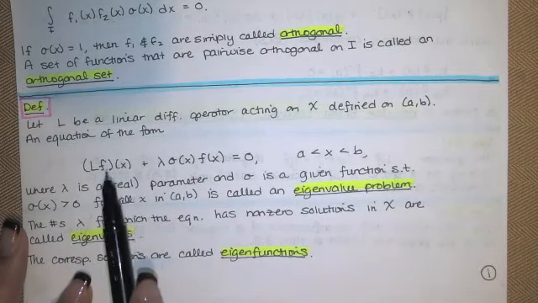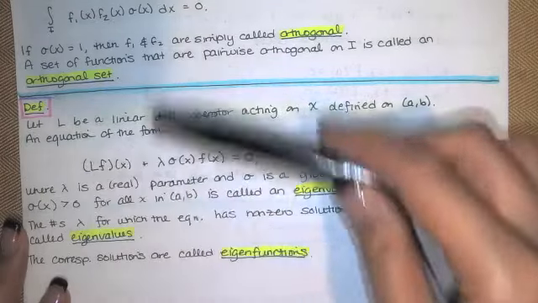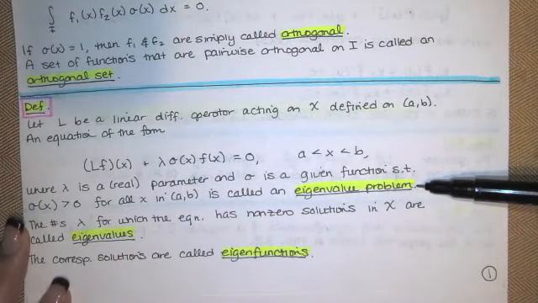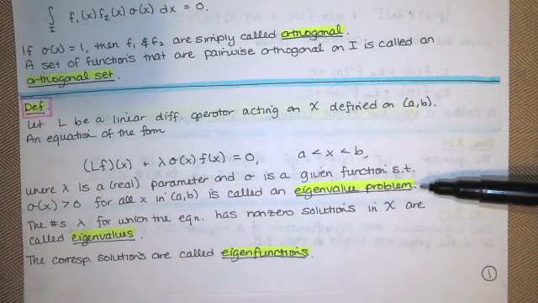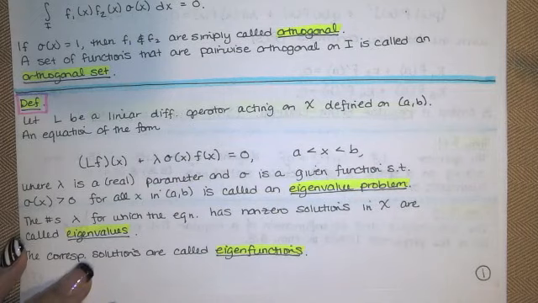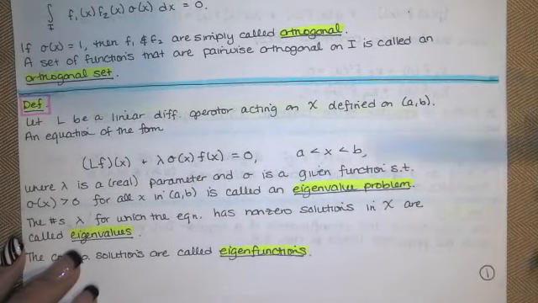Now, when we are looking at this differential equation on this interval, subject to all of these conditions that we've discussed, we call this an eigenvalue problem. And our goal is not just to find a solution to the differential equation, and it's not even to find a family of solutions.